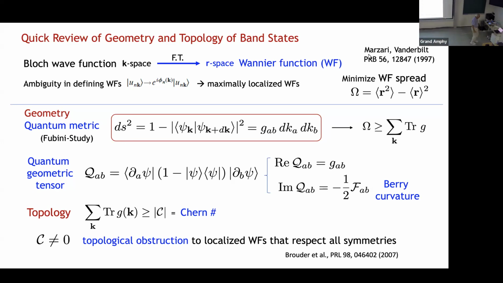Okay, now you also know, and I said this before, that if you have a Chern number, that's a topological obstruction to making exponentially localized Wannier functions, and that's also going to be important later on. This result was proved relatively recently, actually. Walter Kohn showed in the 1950s as a postdoc that in one dimension you can always find exponentially localized Wannier functions.